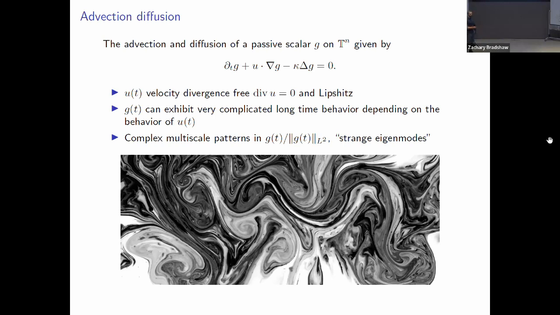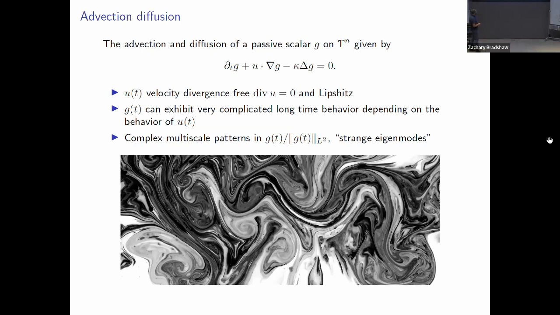Particularly if you have fluid flows like the Navier-Stokes equations, you get lots of vortices that swirl things up, and where they mix, but maybe not as fast as you'd like them to be.